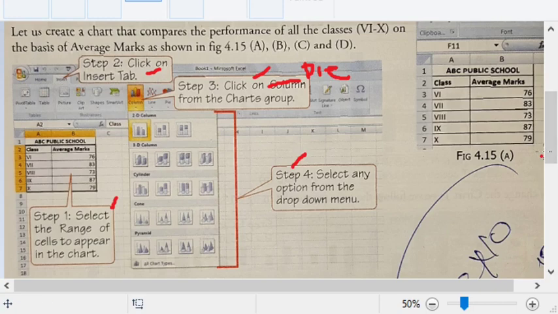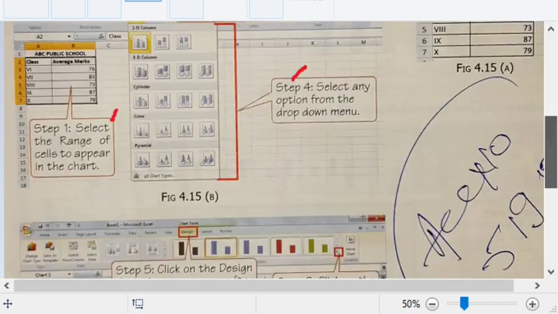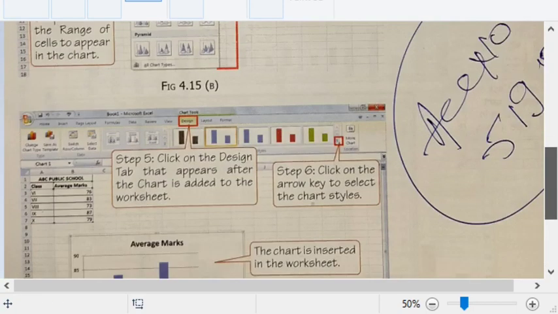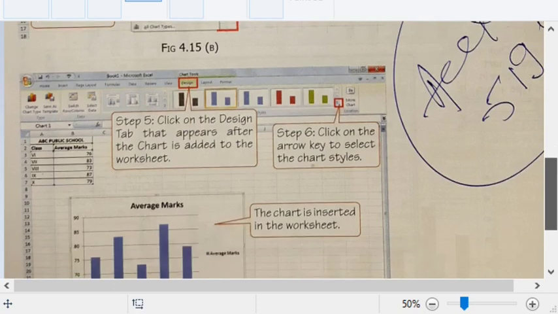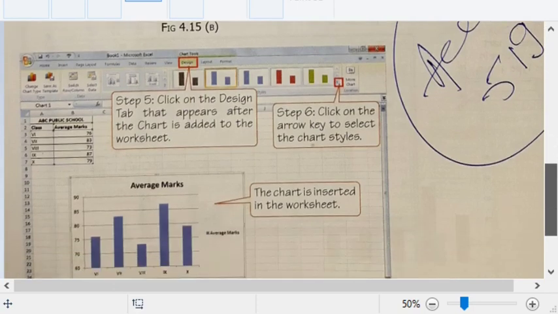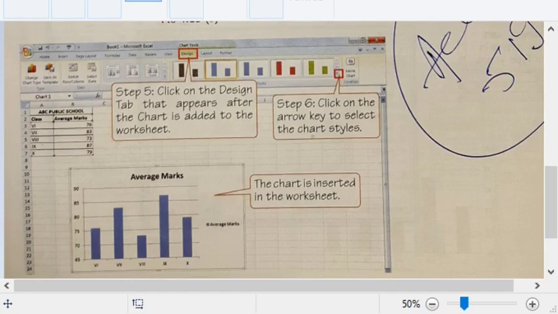You will write only these 4 steps. There is no need to write the other steps like step 5, 6. Okay, only the 4 steps.